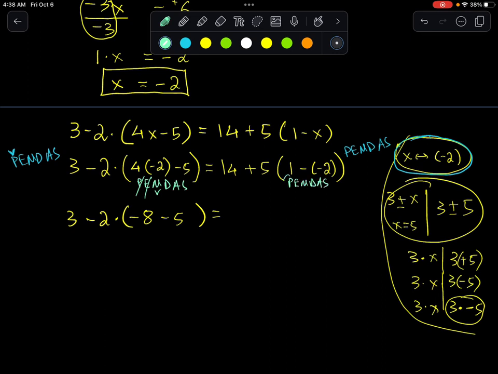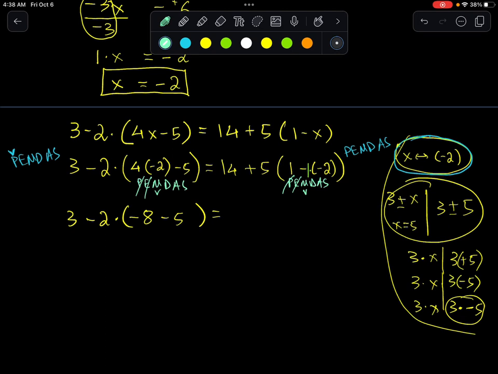Do I have parentheses inside the parentheses? Yes, here, but there's nothing to do. It's just a number, so no parentheses, no exponents. Multiplication. Do I have a multiplication? I really do, but it's hidden. This negative, the negative 2 is really negative 1 times negative 2. So I actually have a multiplication.